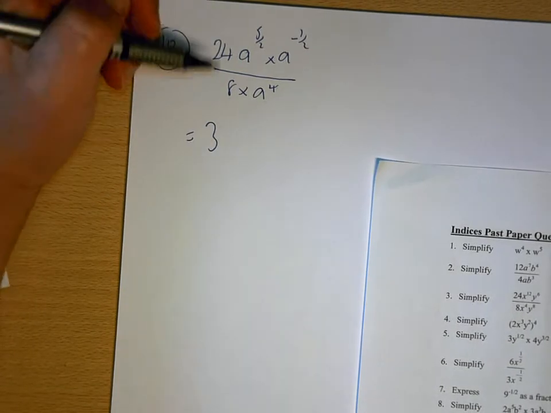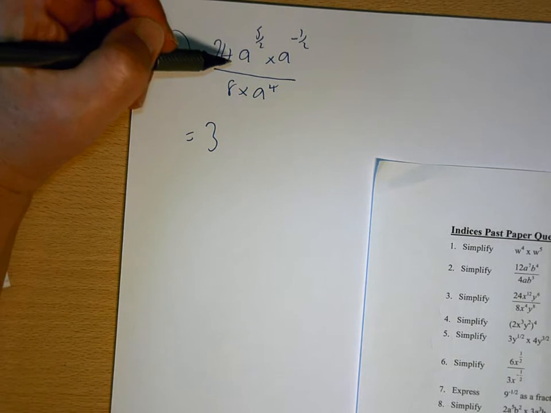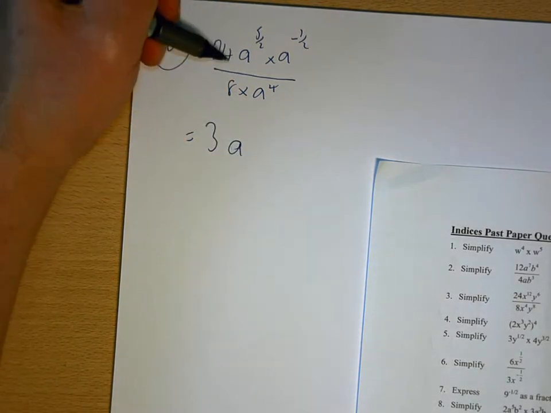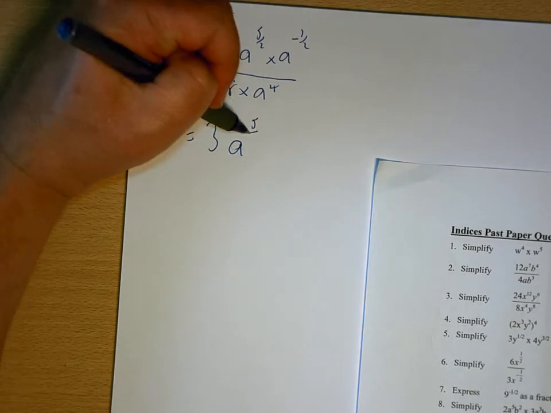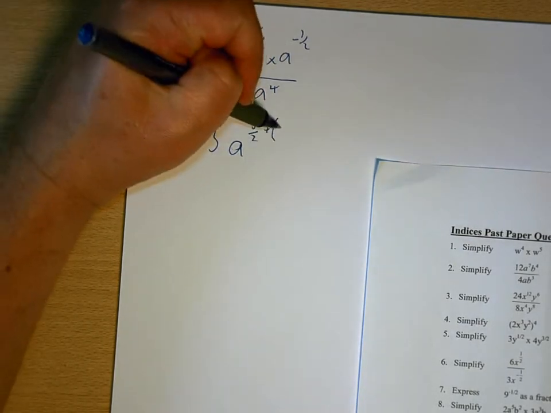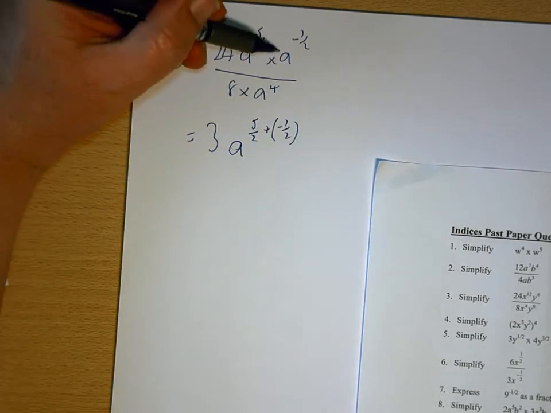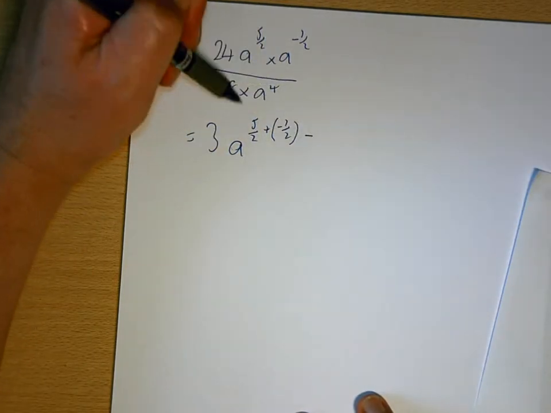That's easy. Then we've got these here, which are all the same base, which means I can apply my laws of indices. So it's going to be a to the power of 5 over 2 plus minus a half, because they're being multiplied, so I'm going to add them, minus a to the 4.